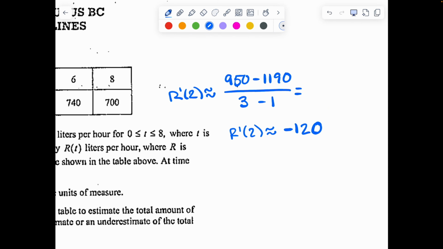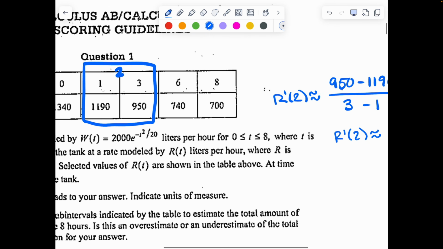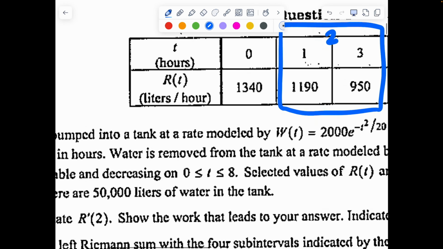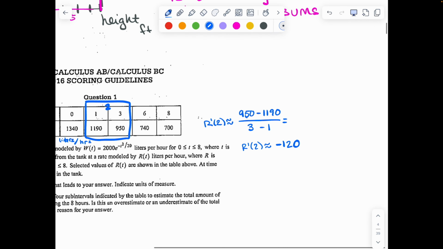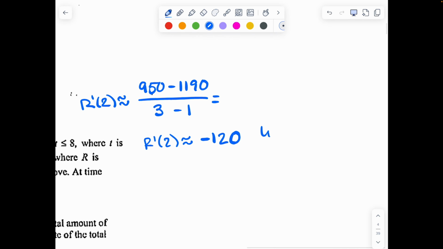Oh, and here's the next thing. If time is in hours, and the rate that we're measuring is in liters per hour, R prime of T is in liters per hour squared.